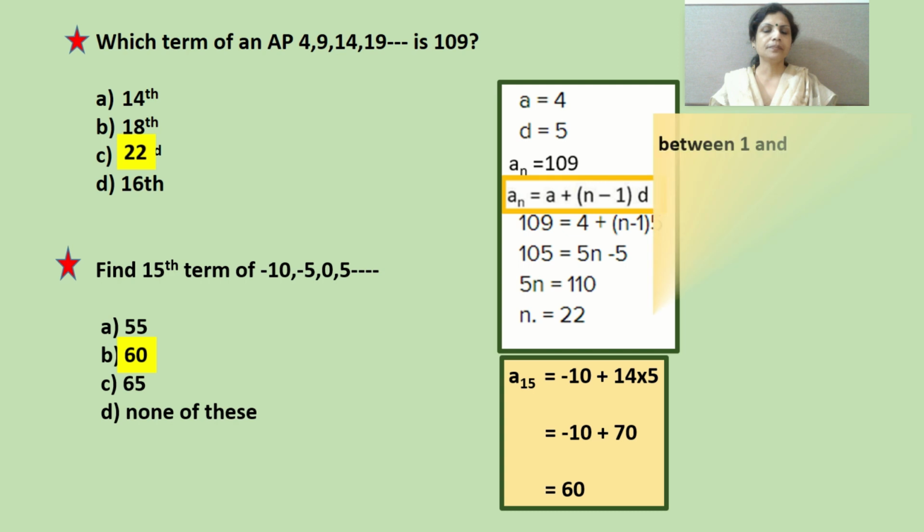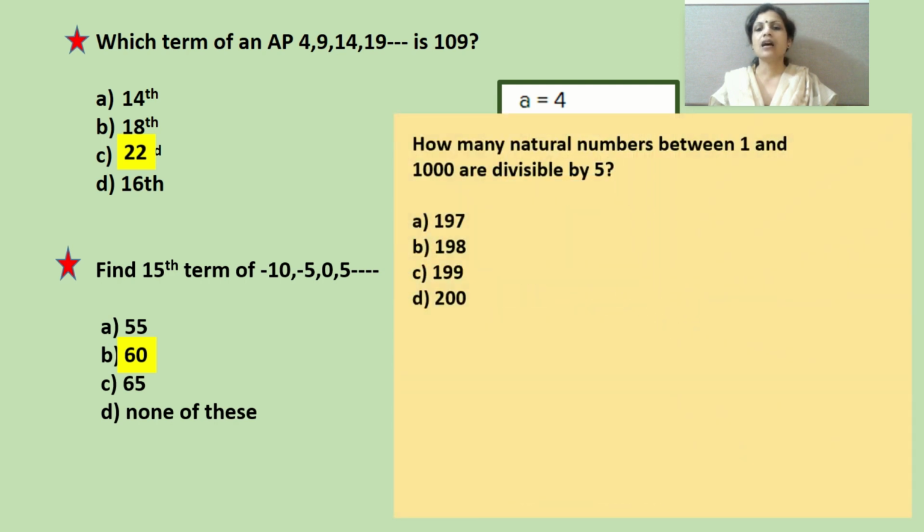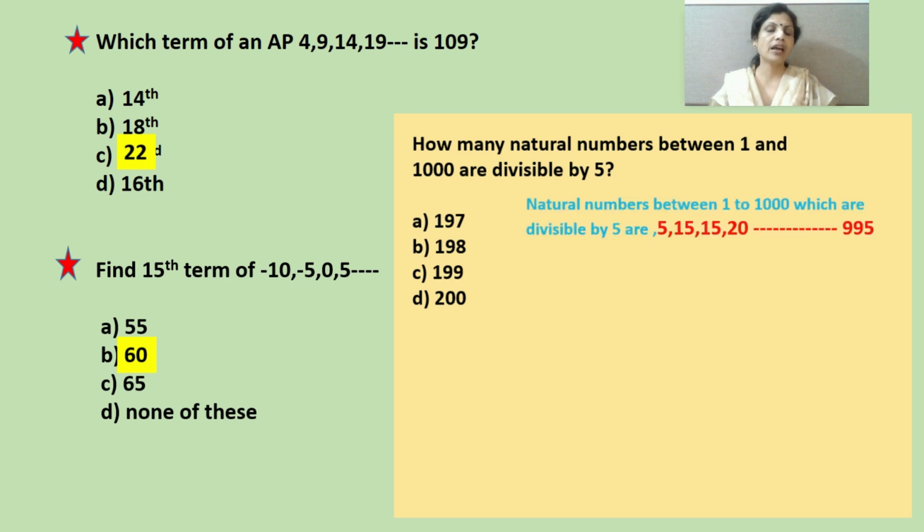Next type of sum. How many natural numbers between 1 and 1000 are divisible by 5? How many such numbers are there between 1 and 1000 which are divisible by 5? Let's first find the natural numbers which are divisible by 5 between 1 and 1000.